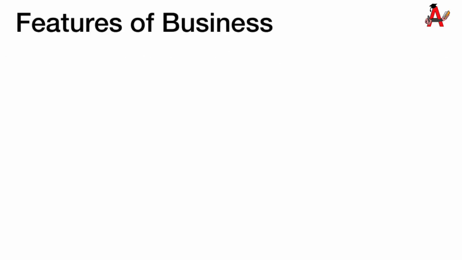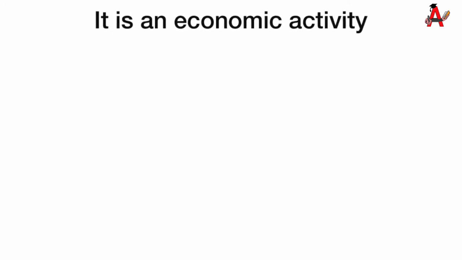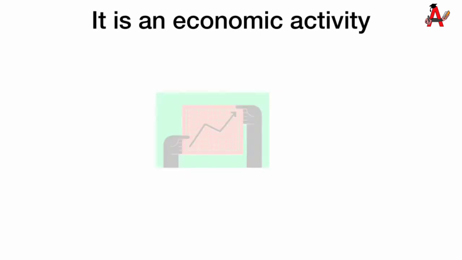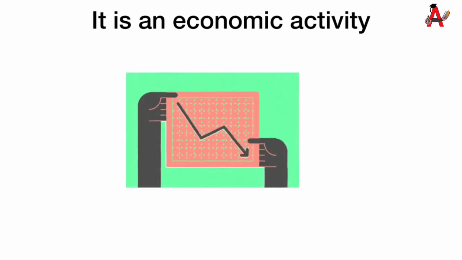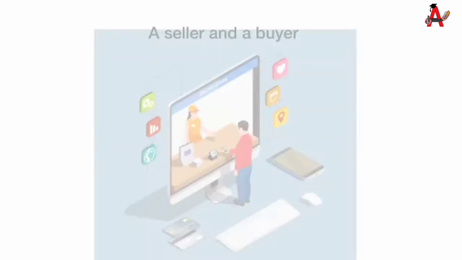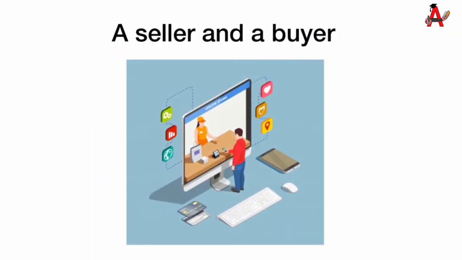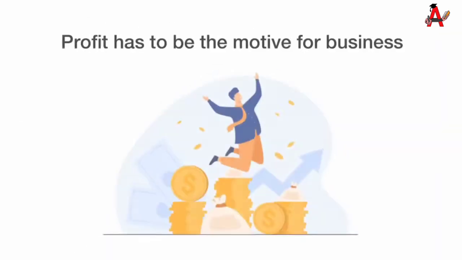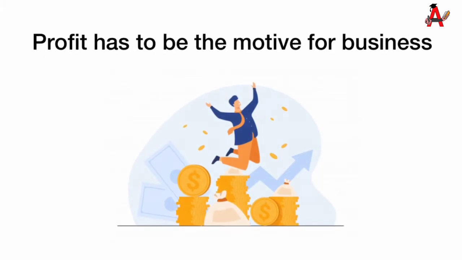Now, business has certain features. These features could be enlisted: it is an economic activity, it is being done to earn profit, money. There are two parties involved, minimum, that is, there has to be a seller and there has to be a buyer of that good. Profit has to be the motive for running the business. Production of goods and services has to be there.